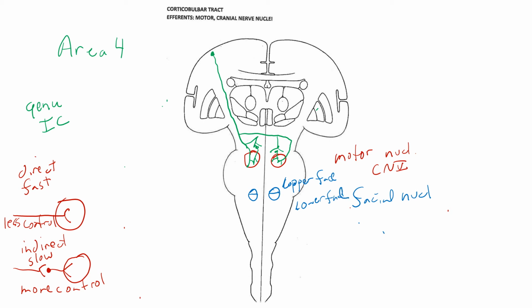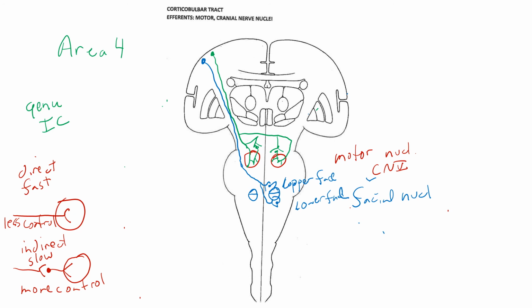So we're going to see that we're going to have fibers that begin in area 4, come down through the genu, and then these neurons are going to cross the midline and have an indirect innervation to both the upper and lower face.